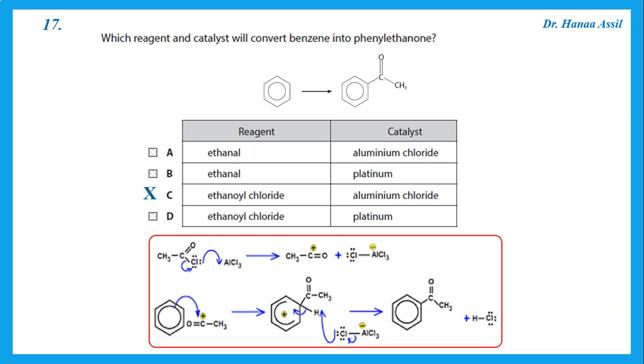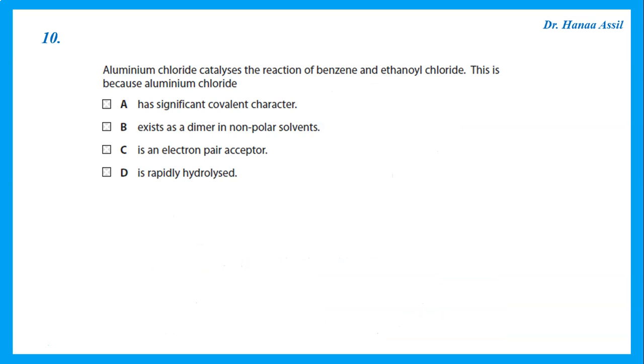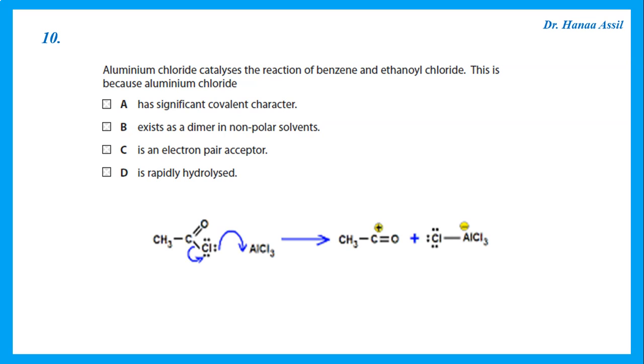This is the basic mechanism for electrophilic substitution in the benzene ring. Aluminium chloride catalyzes the reaction. We just said, for the reaction to start, I am starting with something that has a chlorine on it. The aluminium chloride will act as a catalyst.